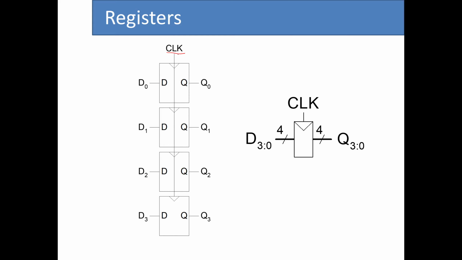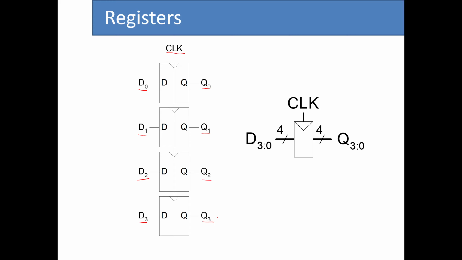As you can see, we have the clock signal, and this clock signal is going through all of these clock inputs of these individual D flip-flops. For each one of these flip-flops, we have their own associated input signal, and each one has their own associated output signal as well.